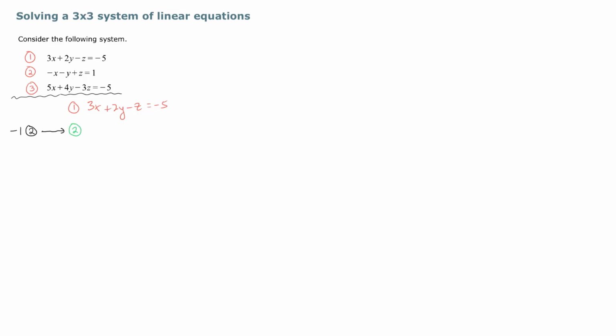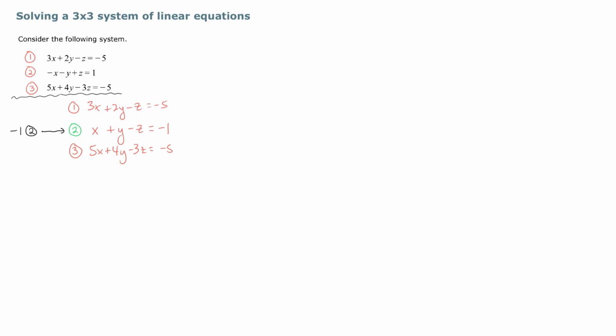So if I do that, look at the original equation 2 and multiply both sides of that equation by negative 1. We're going to get x plus y minus z is now equal to negative 1. I'm going to leave equation 3 alone. Equation 3 stays the same. 5x plus 4y minus 3z is equal to negative 5.